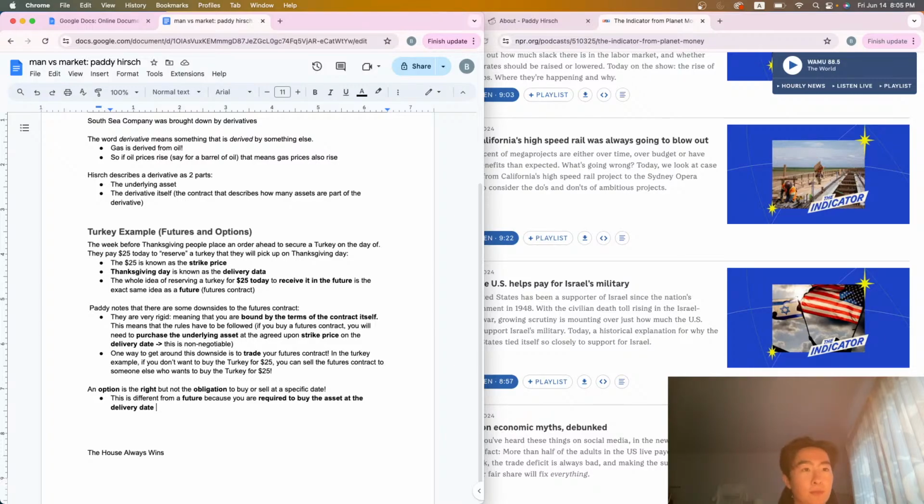Okay, so let's see here. Also, the spot price refers to the price you would pay for the turkey today, or any asset today, kind of like immediately.